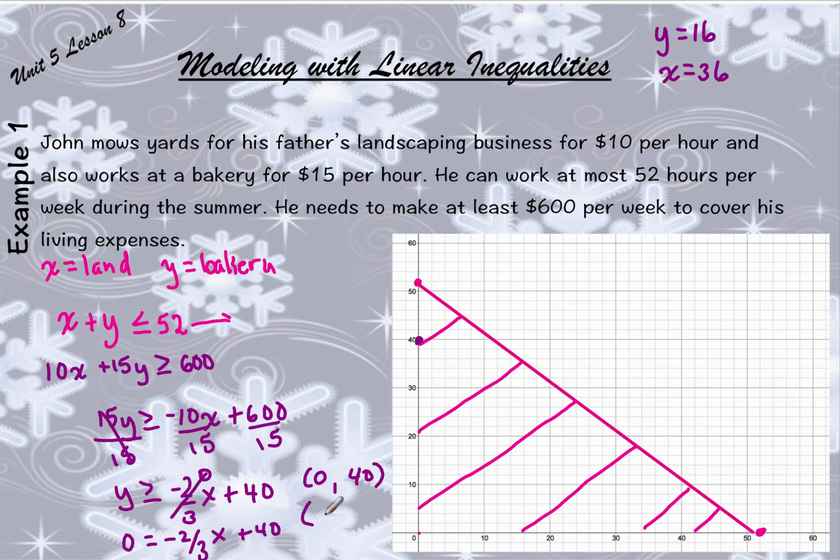So the other point would be if I put 60 in for x, then my y value would be 0. So here's 60. I'm going to connect these points. And now I have to shade. And this one is a greater than, so I'm going to shade this way.